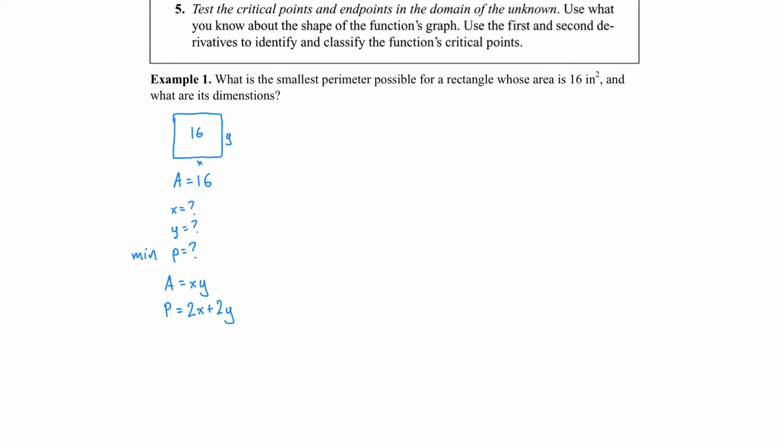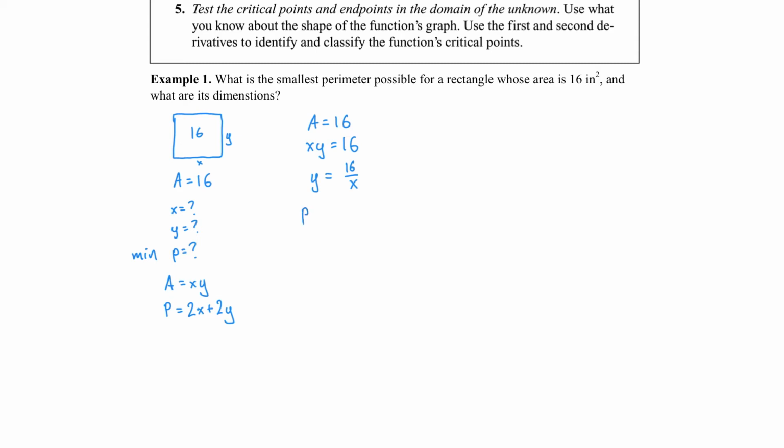What we're going to do is just start with what we're given. We're given that the area is equal to 16, aka x times y is equal to 16. Instead of solving this for x, let's solve it for y. It's just a little easier to work with x when we make a substitution. So y is equal to 16 over x. Now I'm going to use this and substitute it into the perimeter equation.